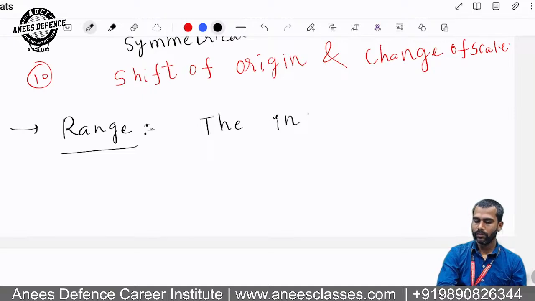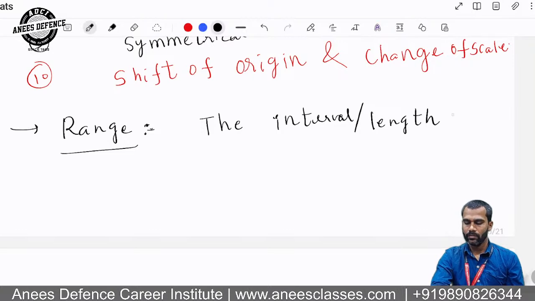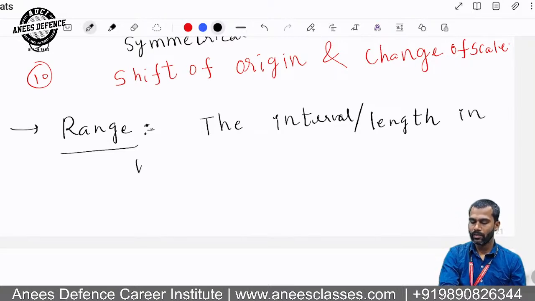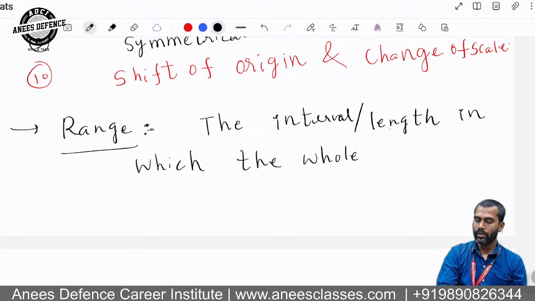The interval, or I can say length, in which the whole data is scattered. Yes or no?